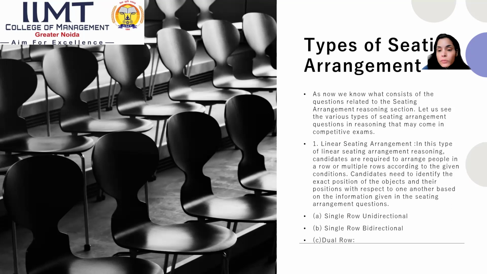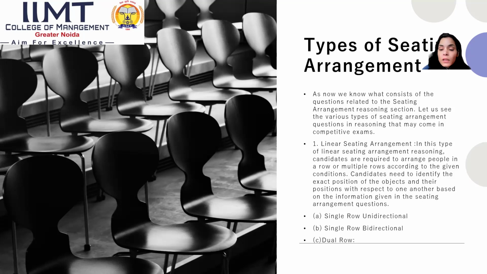There are three types of linear sitting arrangement: single row unidirectional, single row bidirectional, and dual row. Single row unidirectional means there is a row or line and they all are facing the same direction, whether north, south, east, or west.